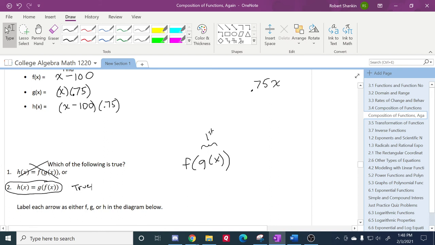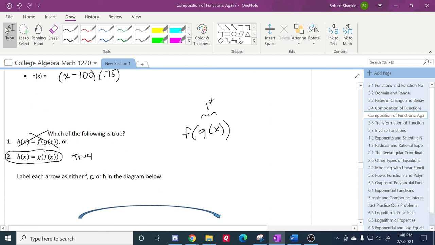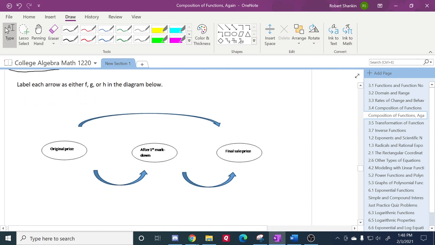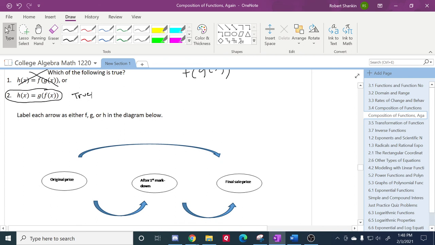All right, now let's label each arrow in the diagram below. 3 arrows, 3 letters, F, G, and H. Notice what we did before. We said it's the second case. So, let me give you a minute for labeling the arrows.